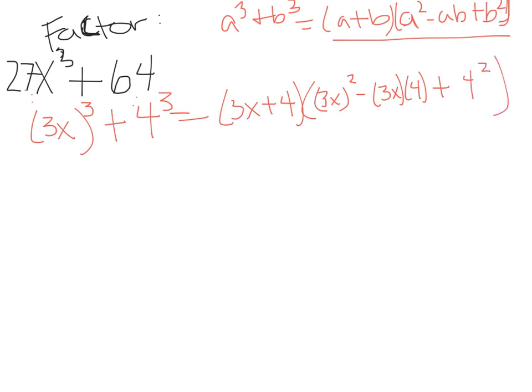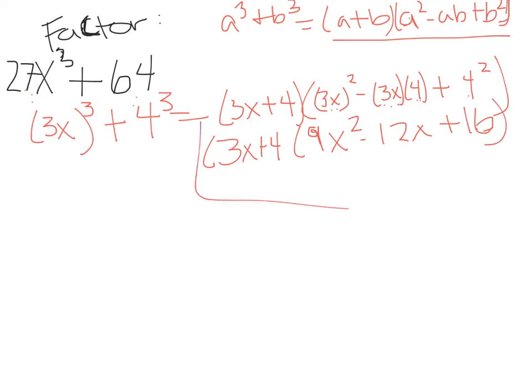So this is your a squared, this is your b squared, and this is your a times b. So bring that down, 3x plus 4. You want to simplify. The 3x squared is going to be 9x squared minus 12x plus 16. And that is your factored form.